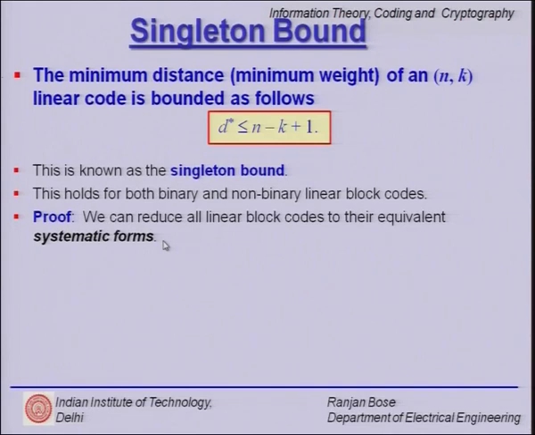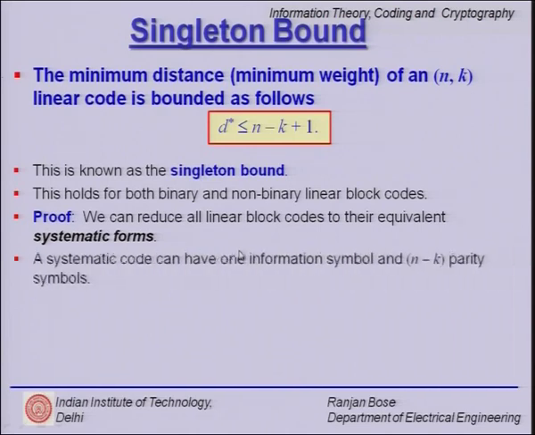That G itself will be I partition P. Now, any systematic code will have k information symbols and n minus k parity symbols. Please recall that each of the rows of the G matrix is a valid code word and it forms the basis.